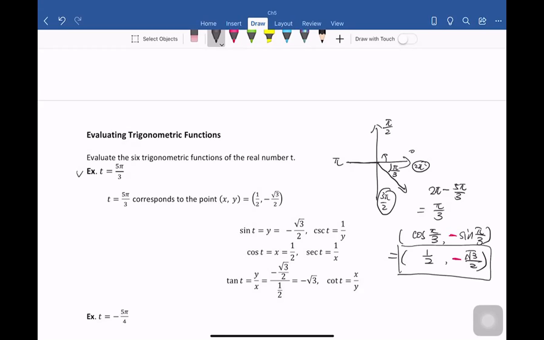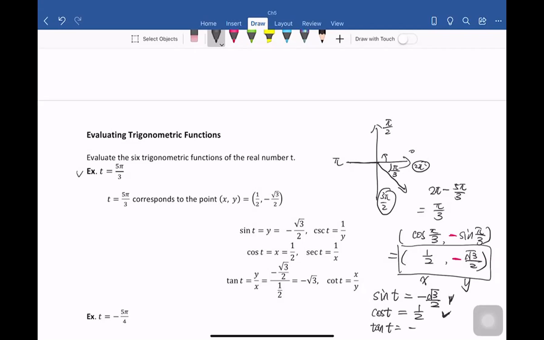When we have the point, we know the first one is x, the second one is y. So sine t, or sine 5 pi over 3, equals y's value, that's negative square root of 3 over 2. And the cosine t, that's x value, that's 1/2. And the tangent t, that's y over x, so use this one divided by this.